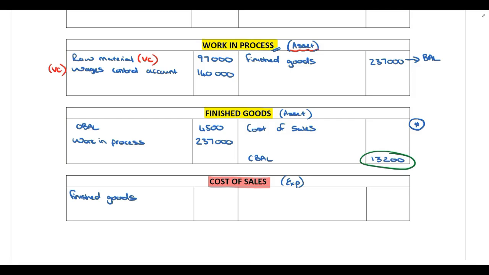And this is the balancing figure over here to make sure that we have a closing balance of 13,200 Rand for our finished goods inventory. So you force this account to balance. So my balancing figure over there is going to be 228,300.